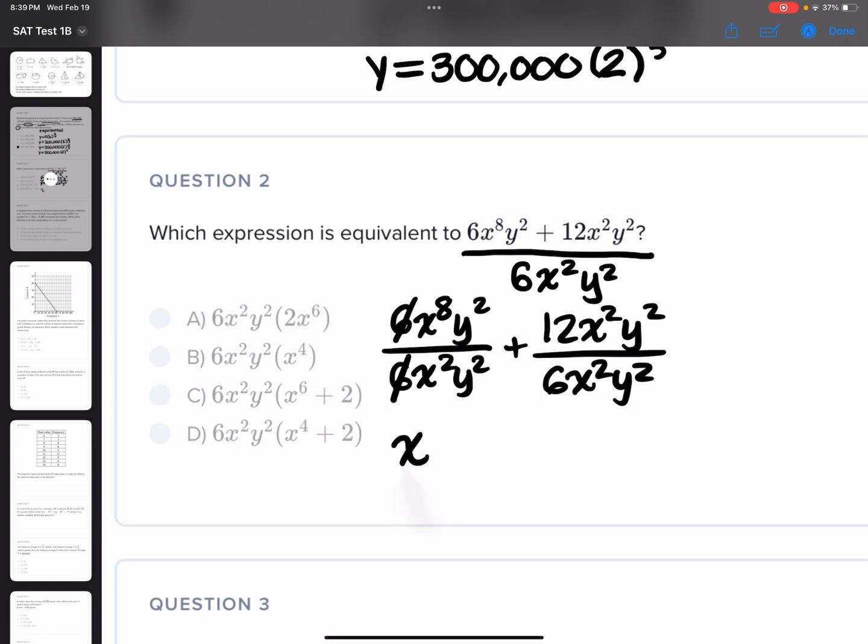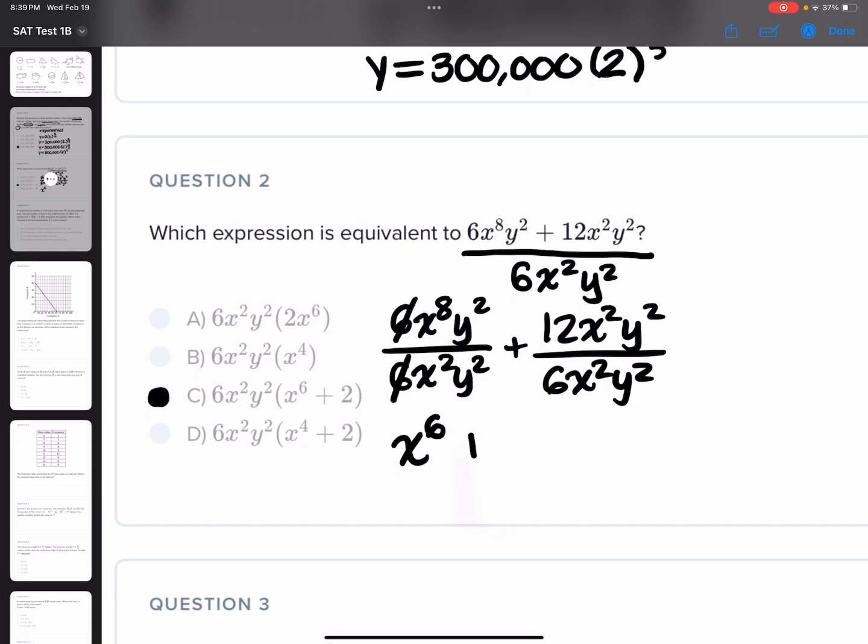So that would just be x to the 6th. And y squared divided by y squared, well, other than the fact that they are the same thing, that would just be 1. 2 minus 2 is also 0, and anything to the 0 power is just 1. So therefore, we just have 1 times x to the 6th times 1. So we have x to the 6th. Now, right here is when you can just stop. You're like, okay, well, I know the answer. The answer must be C.